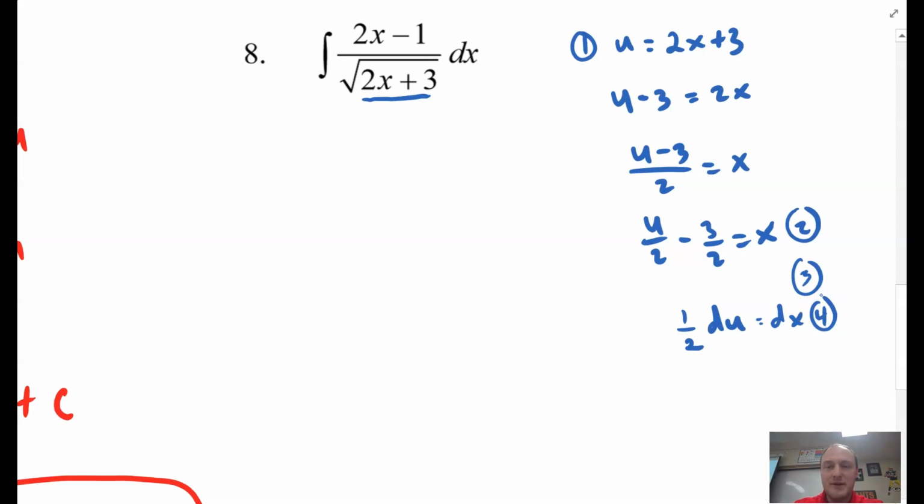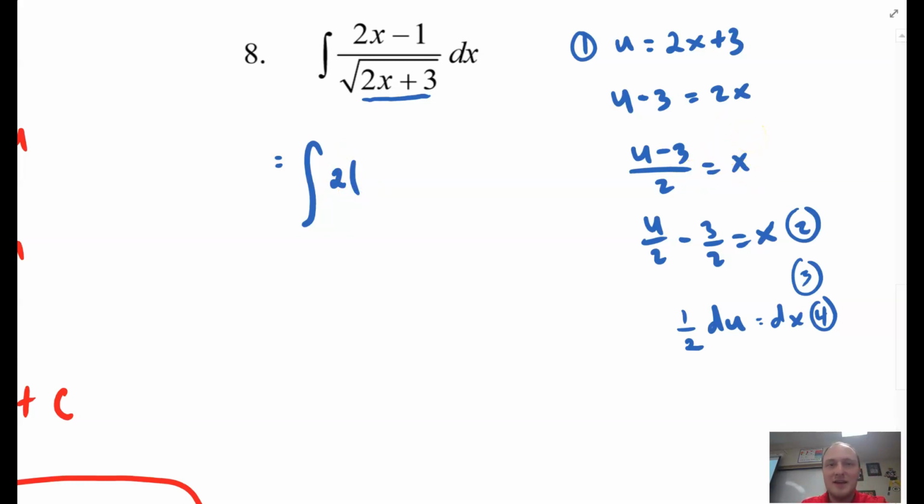All right, so now what we're going to go ahead and do is substitute. Step 5, substitute. So I will integrate 2x minus 1. Well, I have a 2. And notice I don't really have anything for 2x minus 1, but I do know what x is.